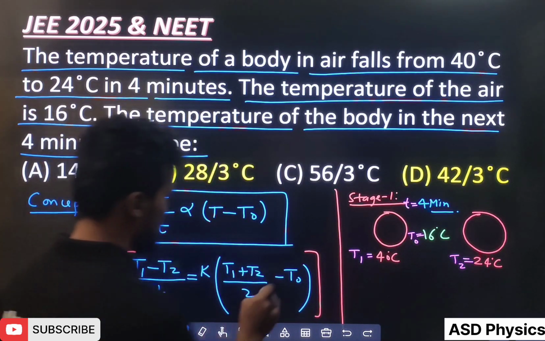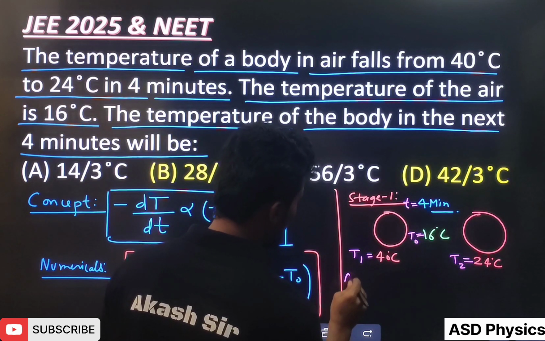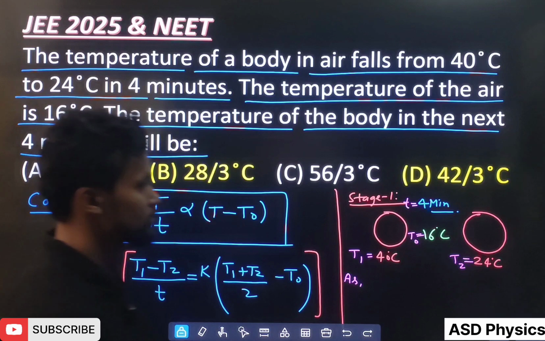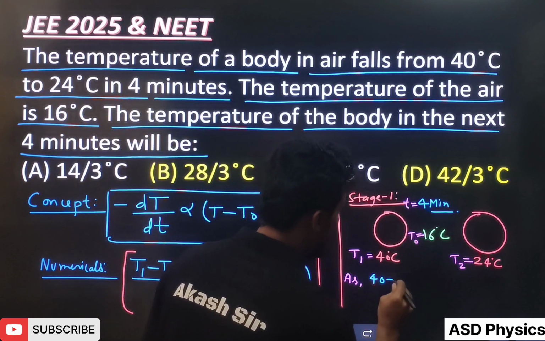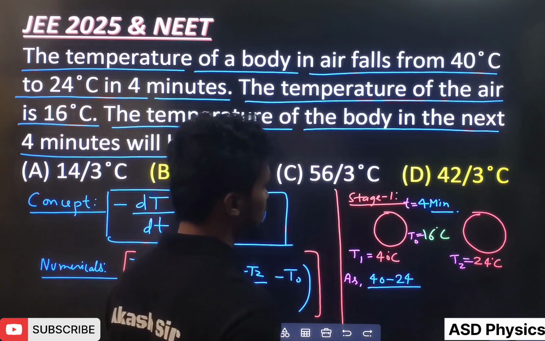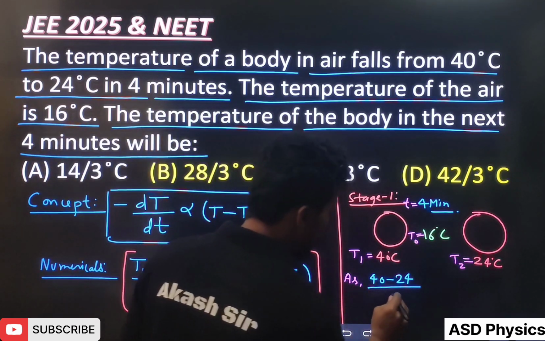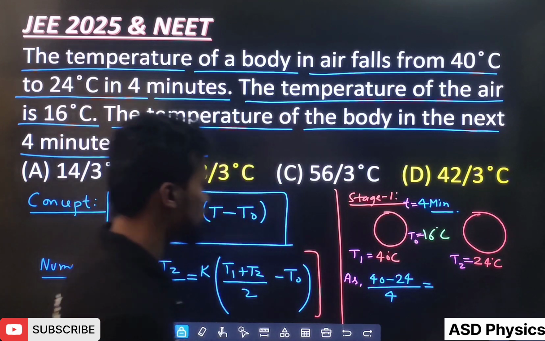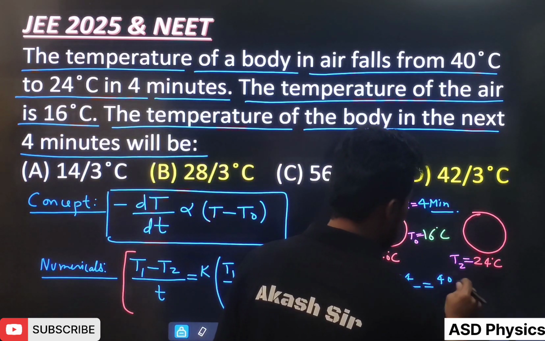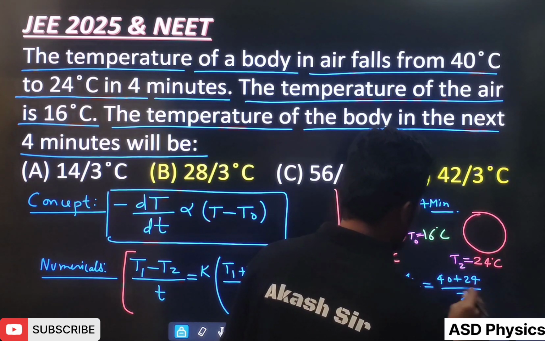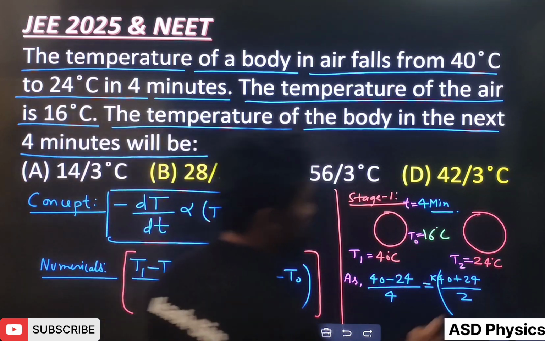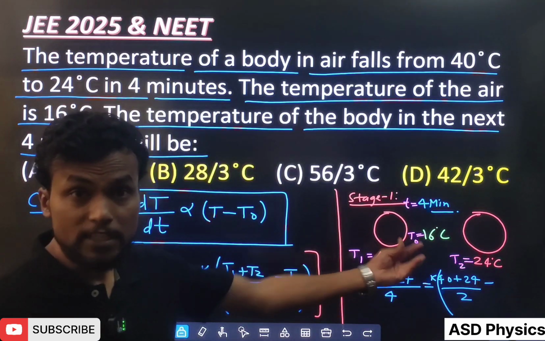So let me put it in the formula: T1 minus T2, that means 40 minus 24, no need to change to Kelvin. So 40 minus 24 by 4 is equal to K times T1 plus T2 by 2, that is 40 plus 24 by 2, minus T0. What is the T0 value here?